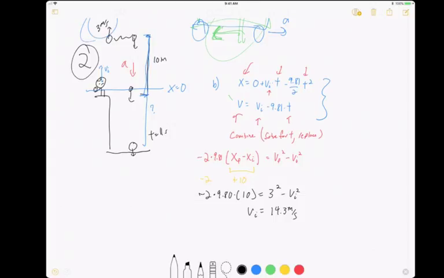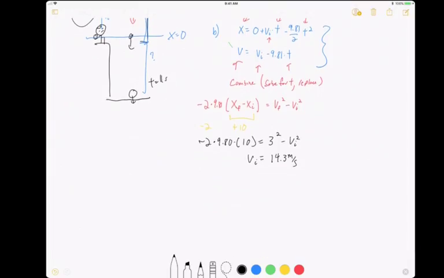So that's your initial velocity, and so your position as a function of time is 14.3 times t minus 9.81 over 2 t squared. v is equal to 14.3 minus 9.81 times t.